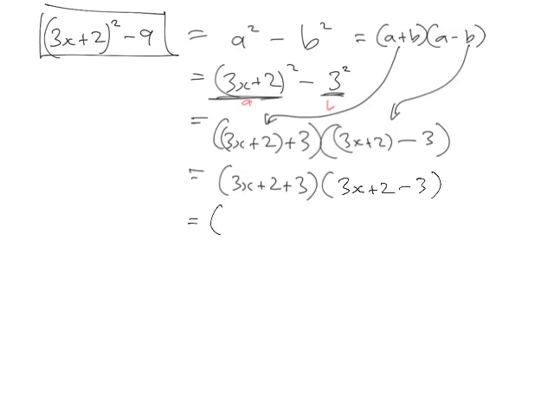And so 3x plus 2 plus 3 is going to be 3x plus 5. 3x plus 2 take 3 is going to be 3x take 1. And so that is that initially complicated looking thing broken down into this situation of a squared take b squared, showing you how it was factorized, just being careful with the brackets and the grouping. And there you have your final fully factorized expression.